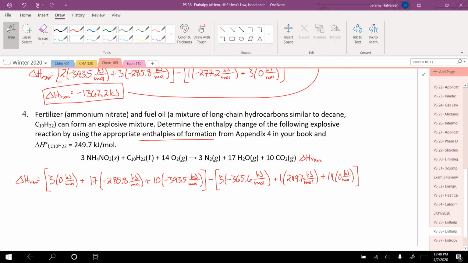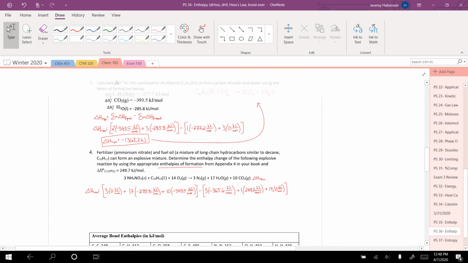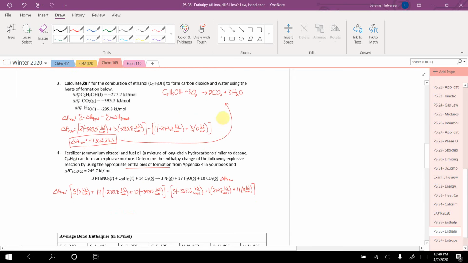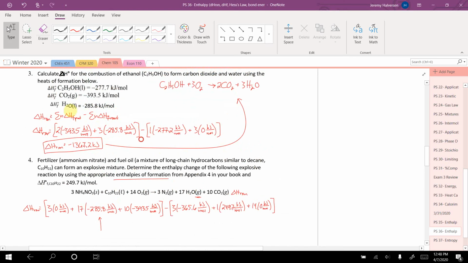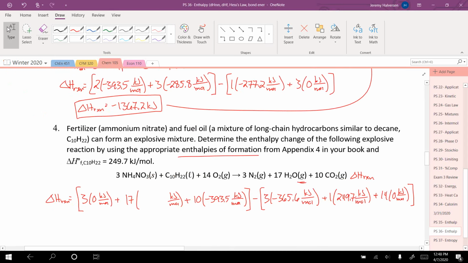Did I miss something? That's my mistake. So I used this value for water, but this is vapor water, and I used the value for liquid water. So I'm getting my answers a little wrong. So if I look up the value for gas water, it's actually negative 241.8.